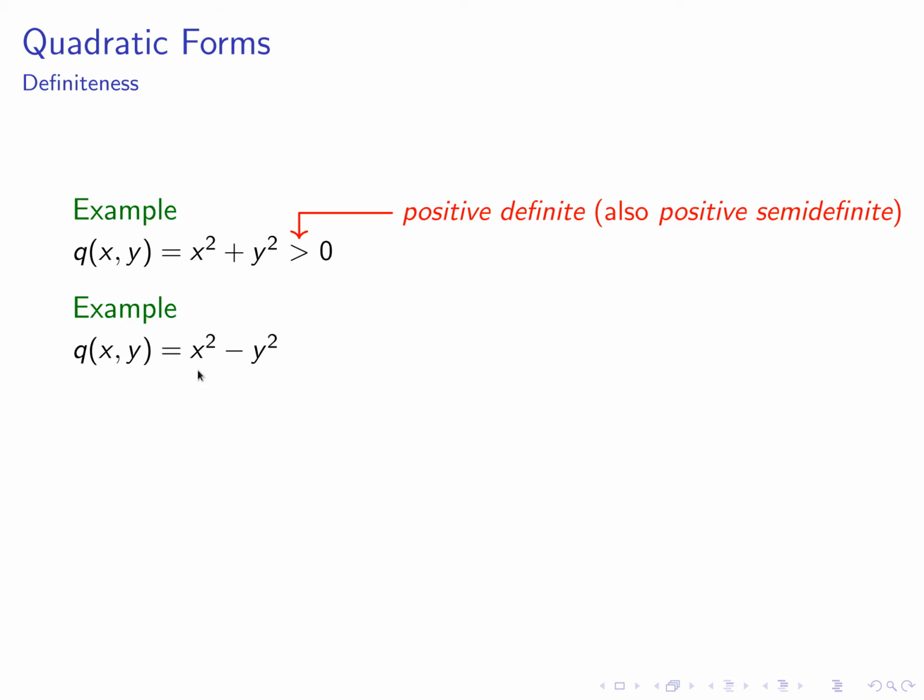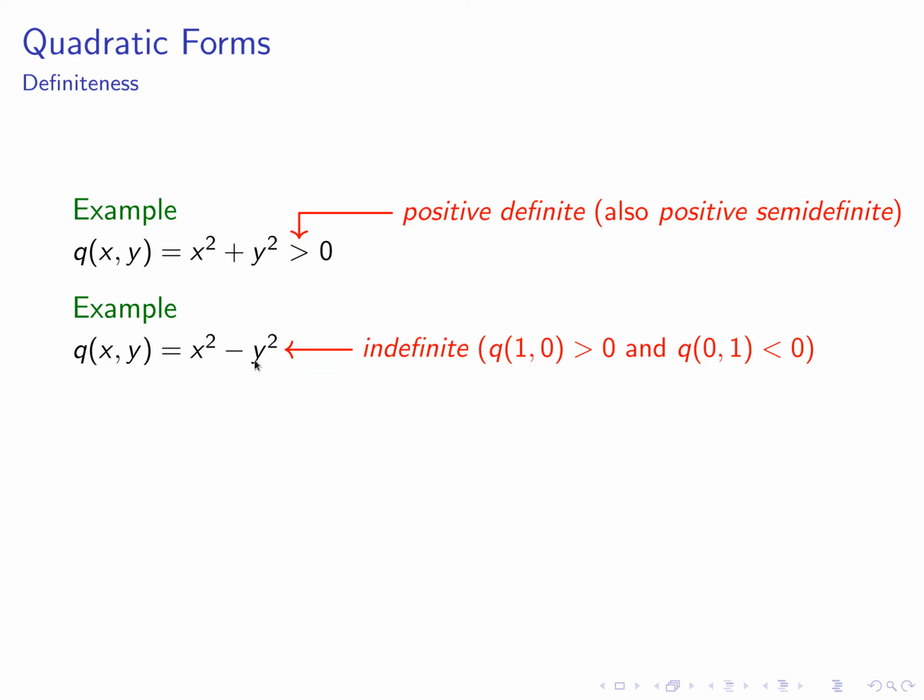Here's a slightly different example. This quadratic form is defined by the formula x squared minus y squared. If we stare at this one for a minute, we realize it's a little bit different from the previous example. On one hand, if we were to plug in values of x and set y equal to 0, this quadratic form will be positive. However, if we set x equal to 0 and plug in values of y, this quadratic form will be negative.